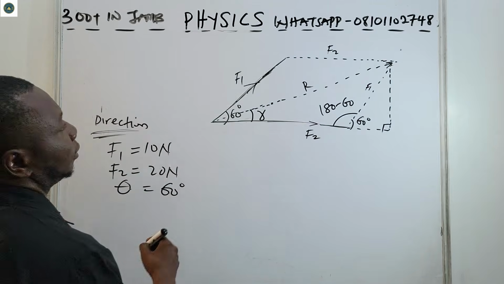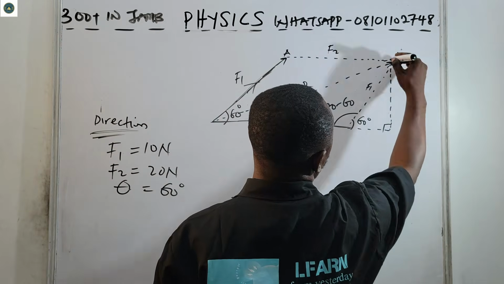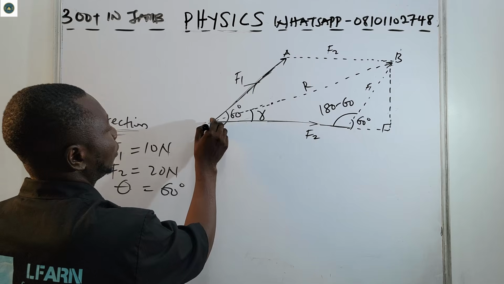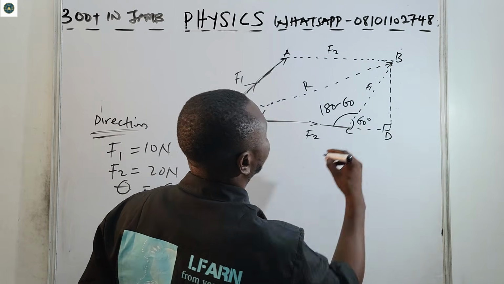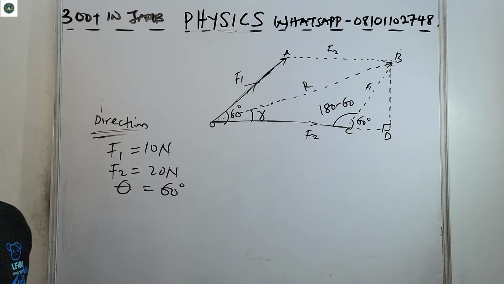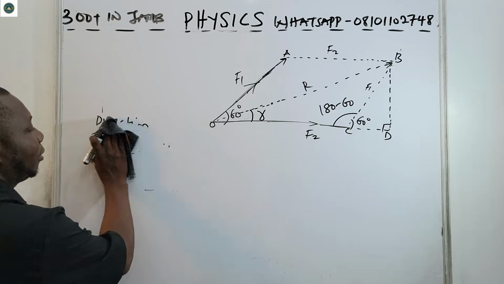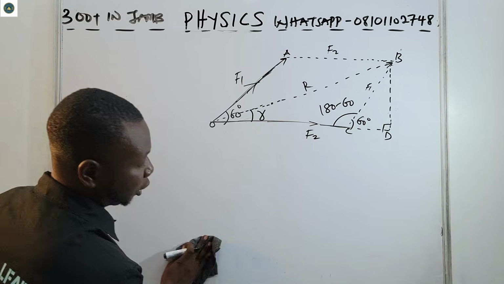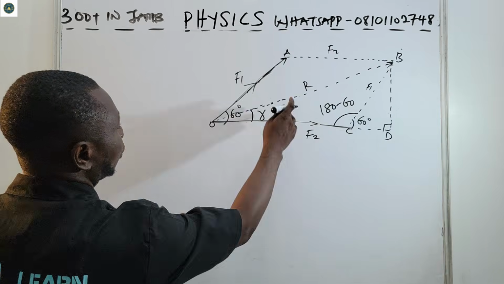All right. So we can now name here A, B, O, C, and D, so that we can get our resultant. Now the angle we have here is 60 degrees. So definitely we're going to introduce the cosine rule, which says that the resultant is OB.